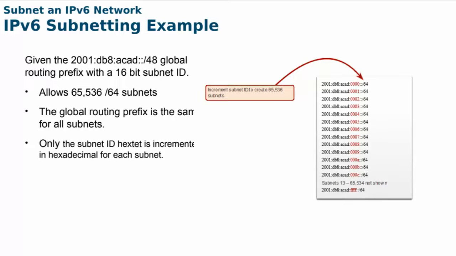Only the subnet ID hexbit is incremented in hexadecimal for each subnet. So this is an IPv6 subnetting example. Any questions?